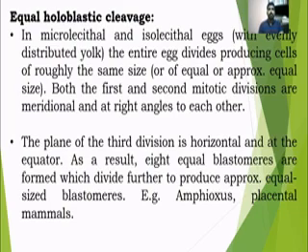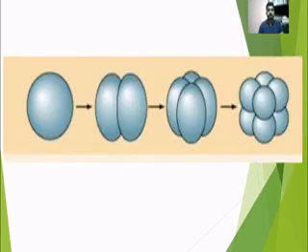So the blastomeres or the cells that are formed in this process of cleavage are approximately equally sized. Then this is a picture. Here the first, second and third cleavage, and the approximately equal size of the blastomeres or the cells you can observe in this.